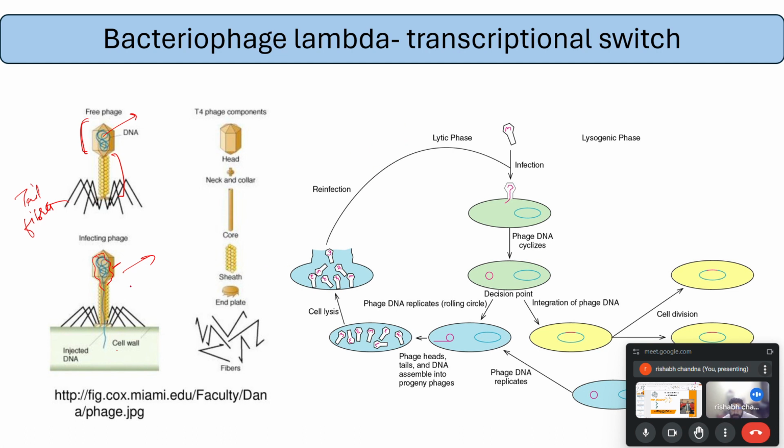Okay, now what will happen? So it has two life cycles basically. One is the lytic phase and the other is the lysogenic phase. So in simple terms, lytic phase basically stands for the production of bacteriophage by lysis of bacteria.